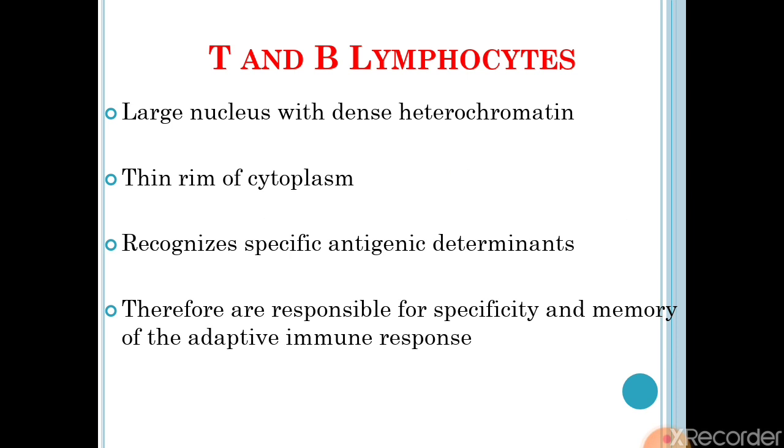The feature of these lymphocytes is that they have a thin rim of cytoplasm. They recognize specific antigenic determinants. What is an antigenic determinant? These are the sites on antigen where the antibodies bind. And therefore, they are responsible for the specificity and the memory of the adaptive immune response.